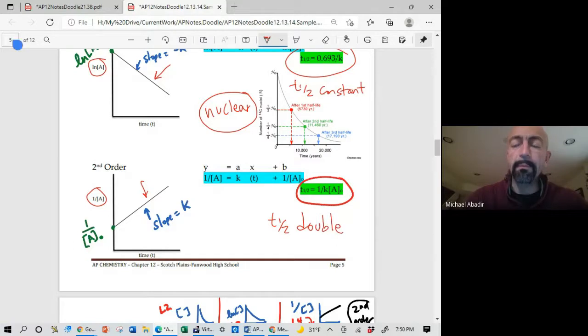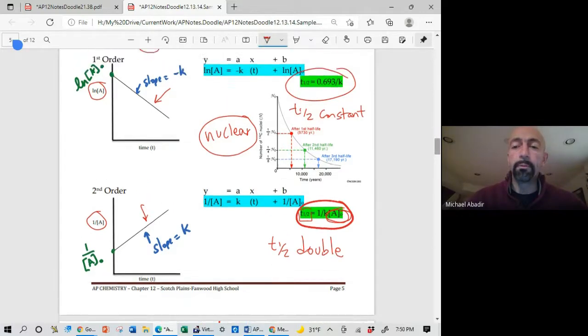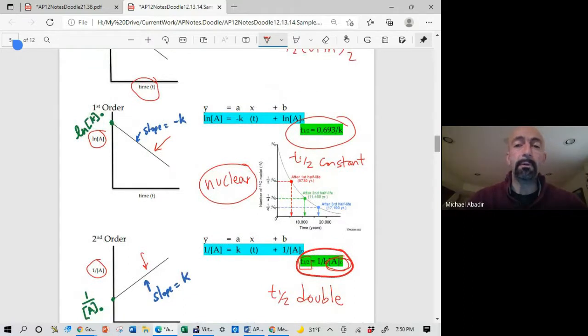It's kind of nice to look at why that is mathematically. See how this has an A0 right here? A0 counts as the initial concentration. Well, every half-life it cuts in half. So when this A0 cuts in half, since it's in the denominator, the half-life itself will double. In a first order, there is no A0 in the equation.